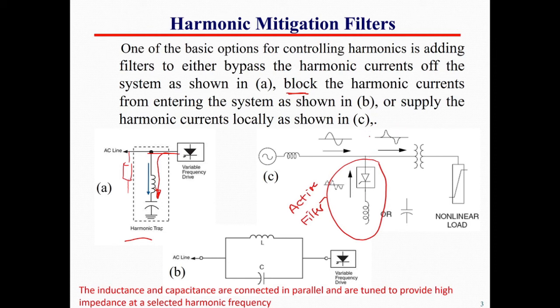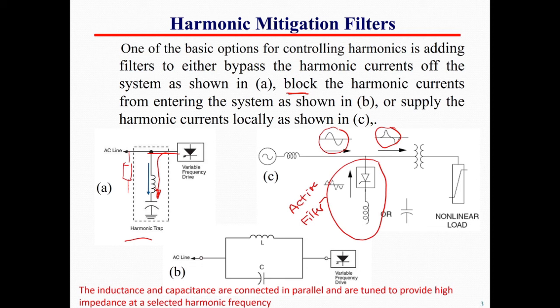As a result, if you look at the current that is taken from the source, in this case it will be sinusoidal. Why? Because over here we have harmonic current that will be taken by this non-linear load, and the remaining of this waveform will be injected by this filter.